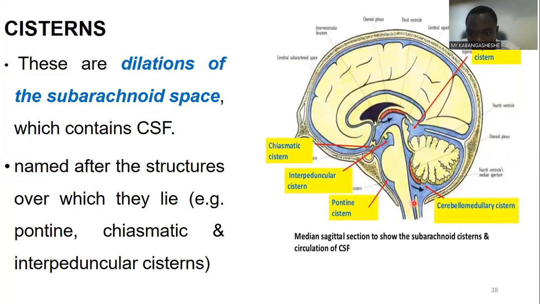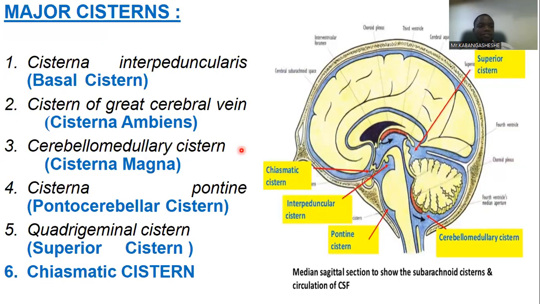So if you cut there, superior to it is the medulla oblongata, inferior to it is the spinal cord. That opening is called the foramen magnum. So that's why the cerebellar medullary cistern is also known as the cisterna magna. Okay. Then there are other cisternae, but the major ones are about 6.